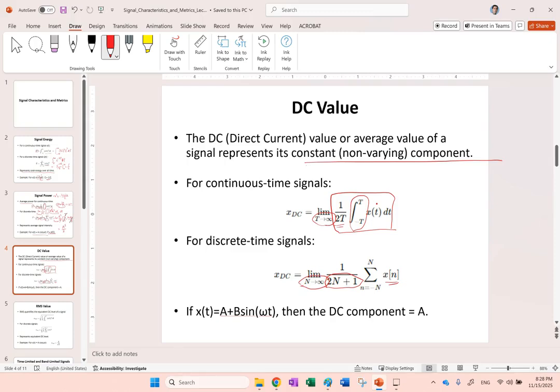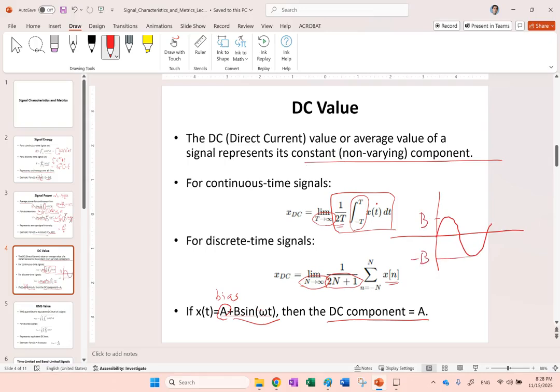And you can show that if your signal is a harmonic plus some constant value, which we might call bias, actually that bias is your DC component. Because if it's just a harmonic, then your signal will oscillate like b sine omega t. It is going to be like this. So this is b and this is negative b.